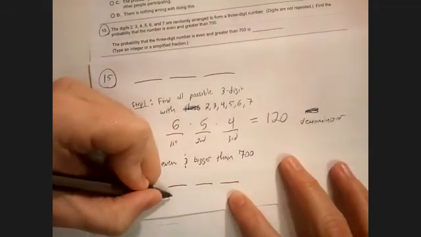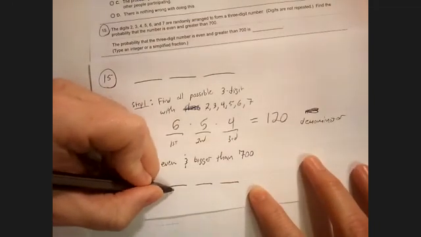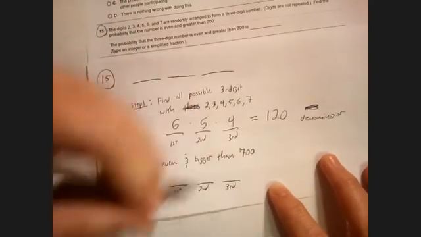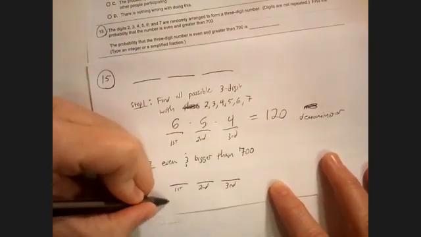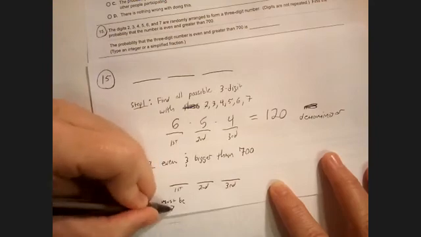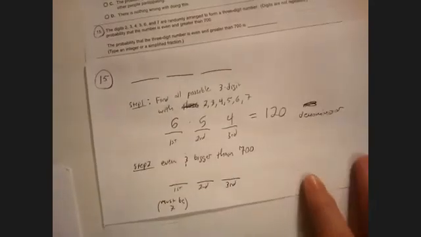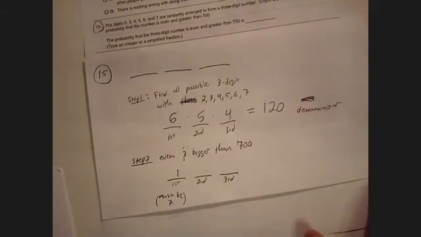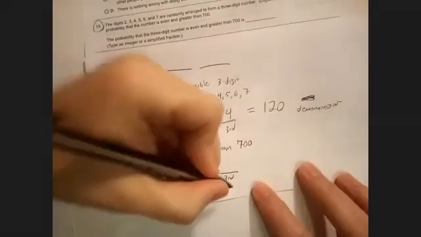This is my first, second, third, so it must be 7 for the first position. I have one possibility there. Now let's use the fact that it must be even.